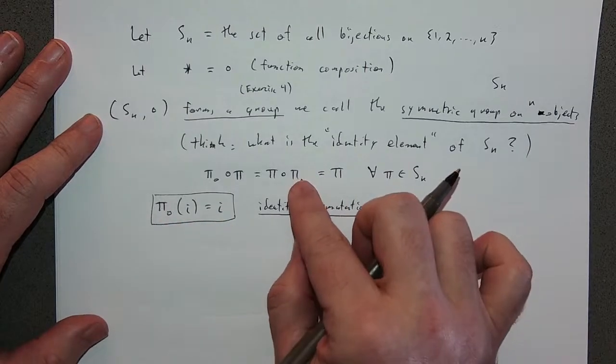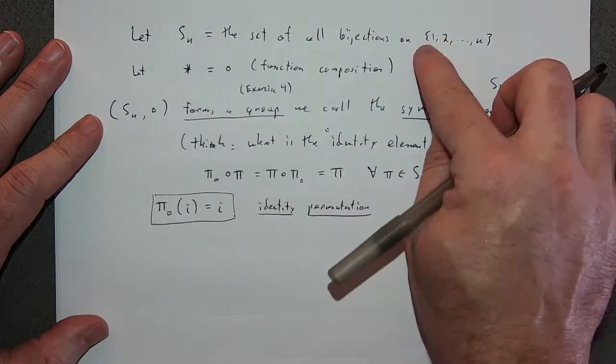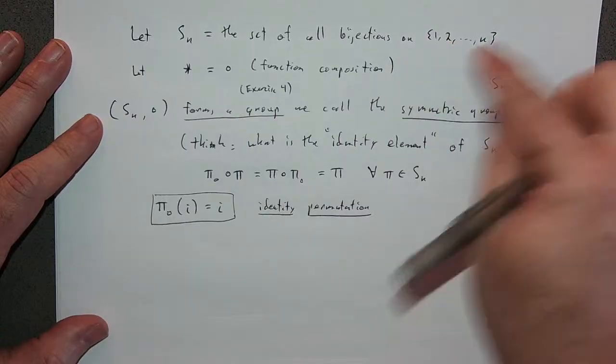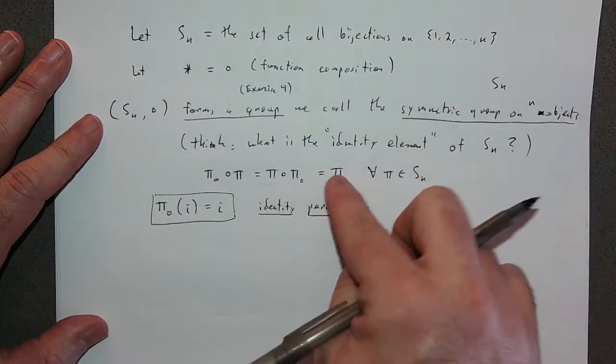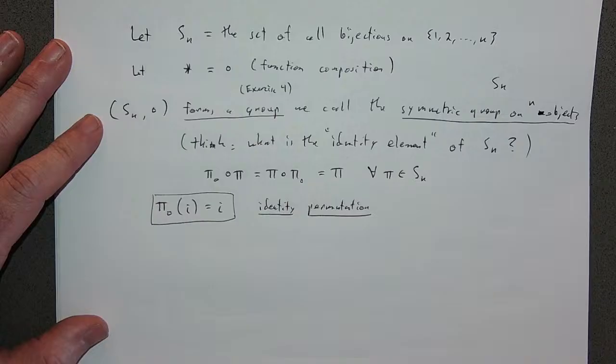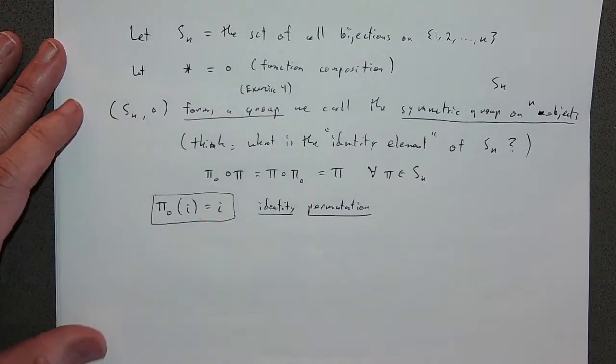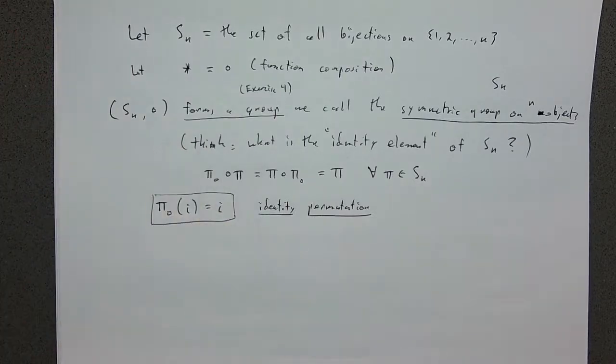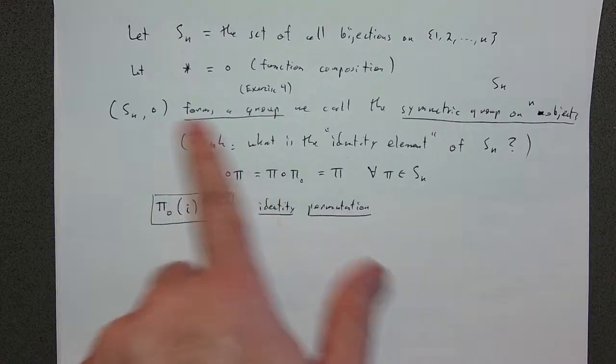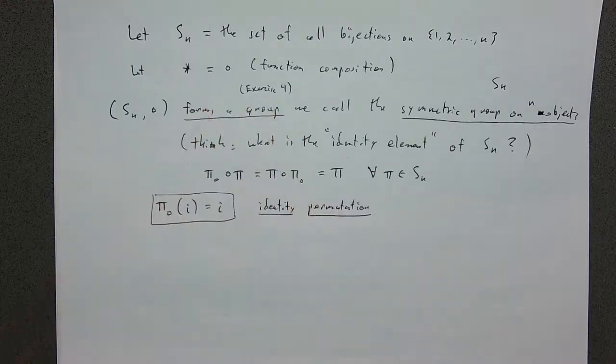Similarly, applying the identity permutation first to 1 to n does nothing to it. It leaves it unchanged. Then applying pi to that is just the effect of pi on that thing. So this is clearly the identity permutation. I'll leave it up to you to check the other properties. This forms a group called the symmetric group.